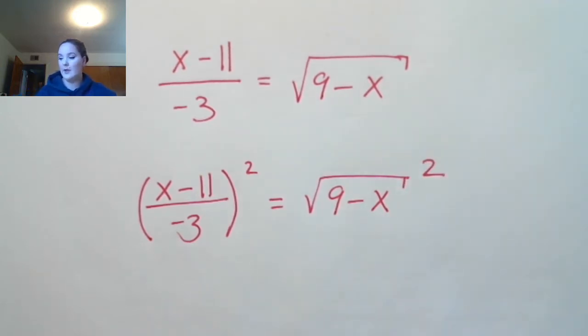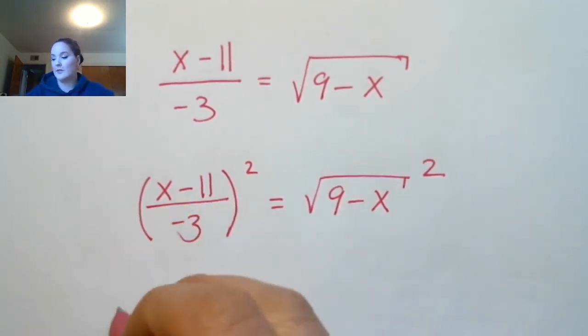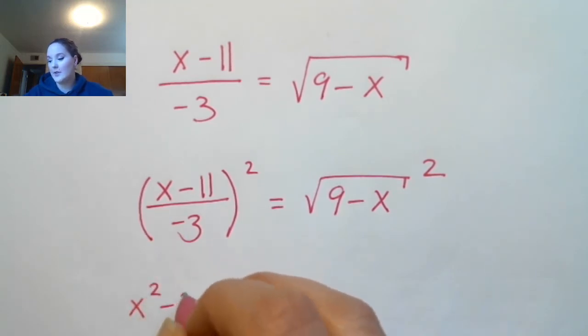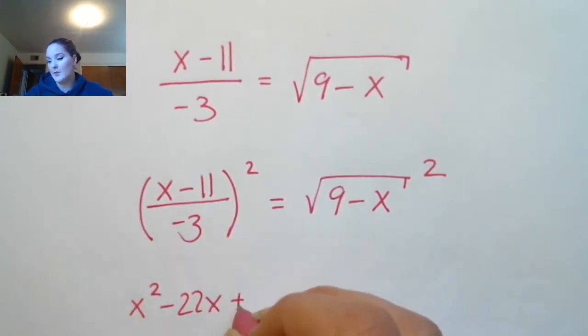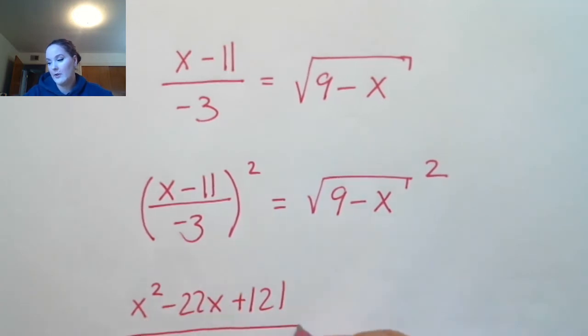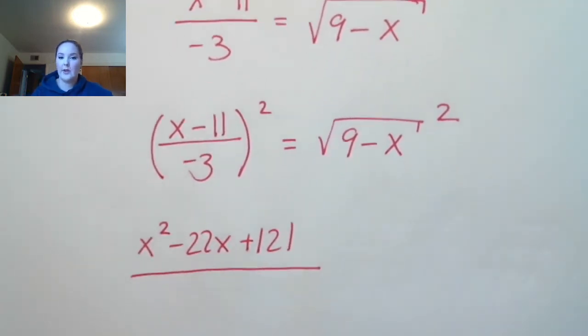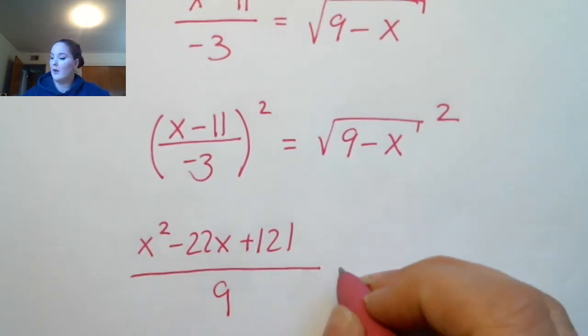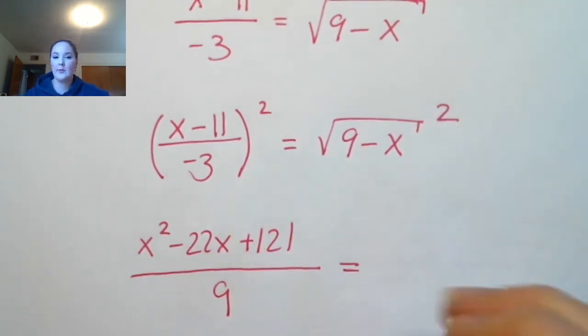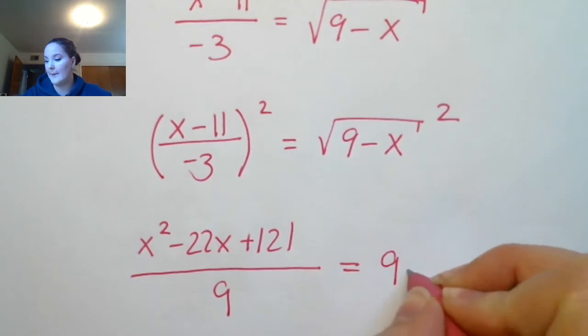When I square x minus 11, I should get x squared minus 22x plus 121. And 3 squared is 9. Over here, the square root and the square will cancel, and I'll just get 9 minus x.